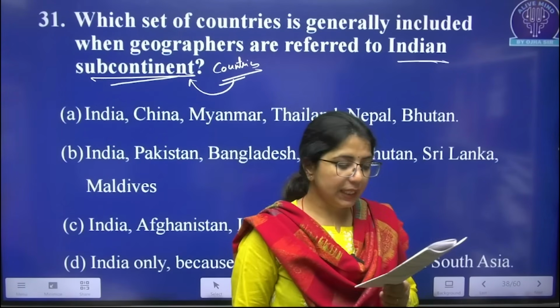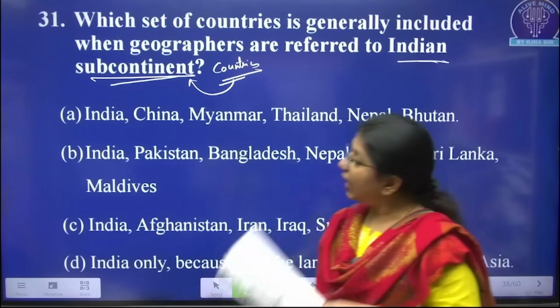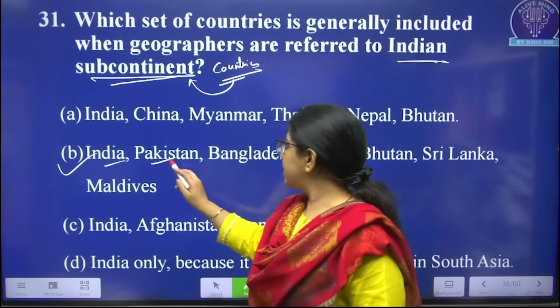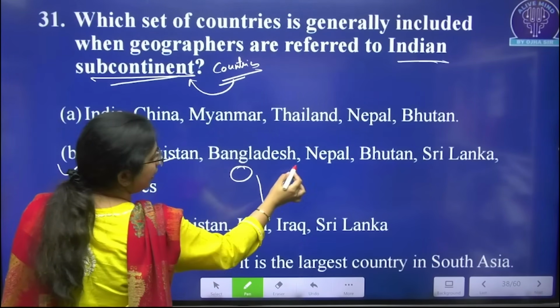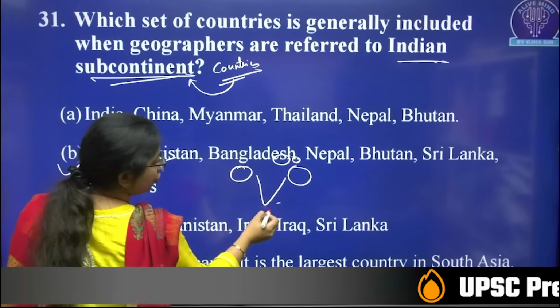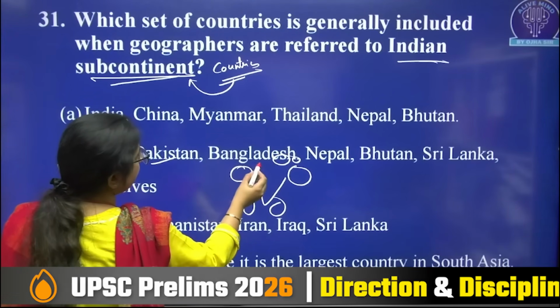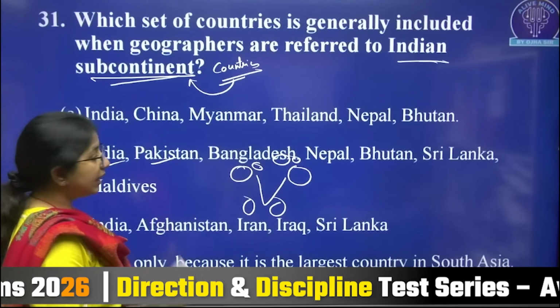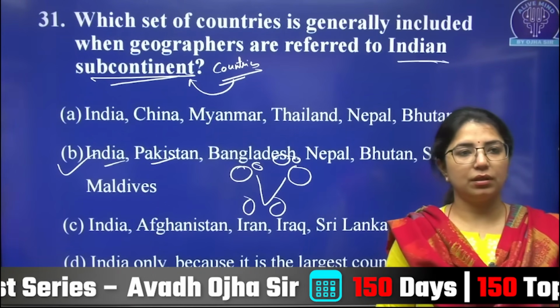The options are India, China, Myanmar, Thailand, Nepal, Bhutan. But the answer is B: India, Pakistan, Bangladesh, Nepal, Bhutan, Sri Lanka and Afghanistan, Maldives. Afghanistan will also come. This region we call the Indian subcontinent.